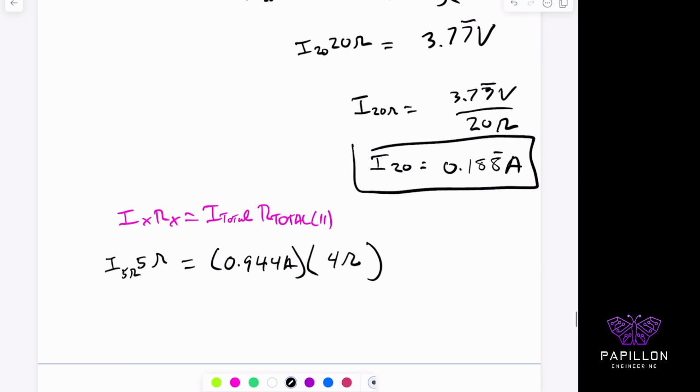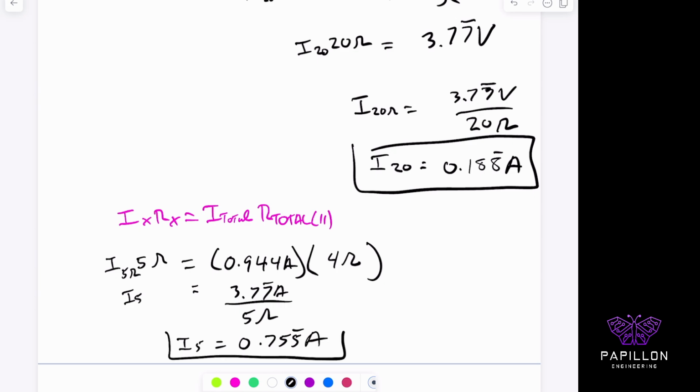This turns into the 3.77 repeating of I of the 5 ohms. I'm going to save a little bit of time here just doing it like this. So let's see if I can do it with the calculator on the side. Divide that by 5. I get back I of the 5 equals 0.755 repeating amps. Okay, and hopefully that makes sense.